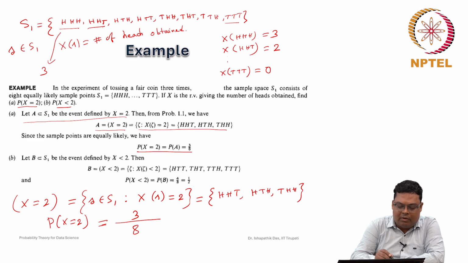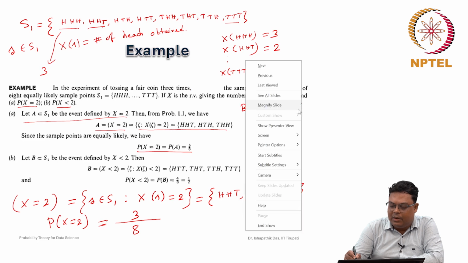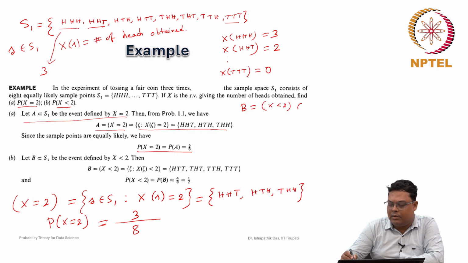Now, another set we want to take is B, equal to x less than 2. It is a subset of S1, belonging to the sigma field. So, how will we define this? We know the definition of x less than 2.